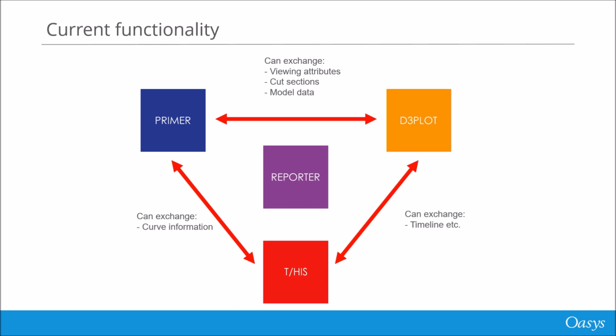THIS and D3plot, you can share the timeline, for example. And because THIS is such a powerful tool for processing curve information, you can share curve information between PRIMER and THIS. And then we have Reporter that sits between all of our products and allows you to automatically produce reports based on information from PRIMER, D3plot, and THIS.